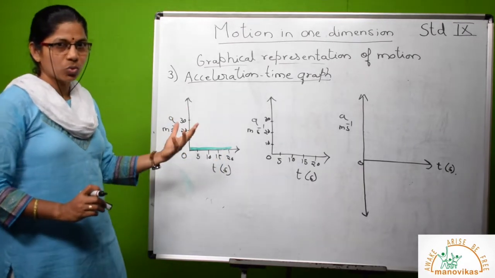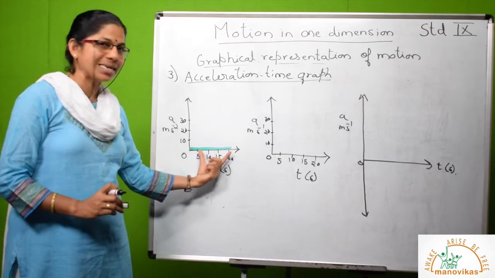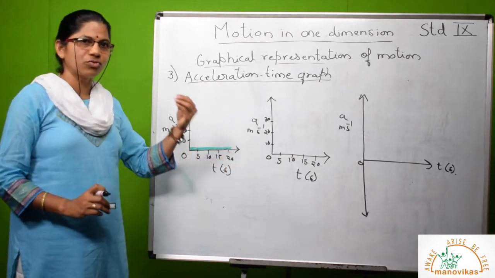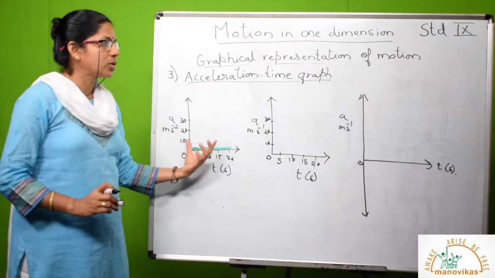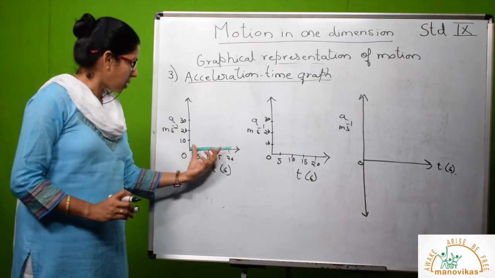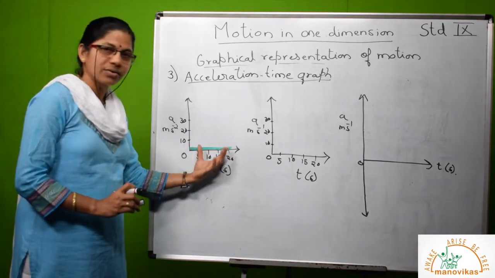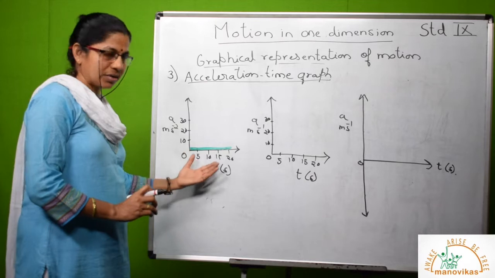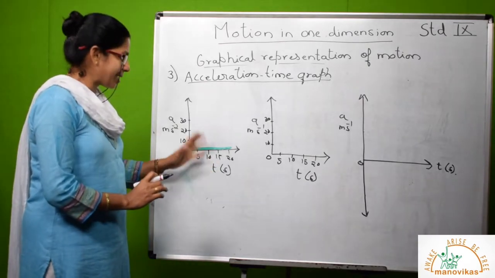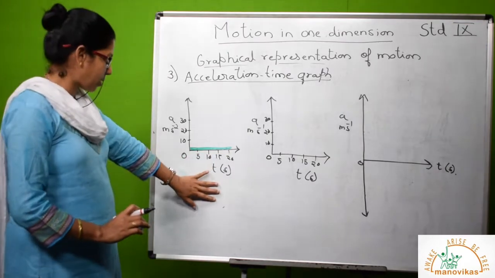So there are two things possible when you have a line like this. Either the object is stationary, so there is no acceleration, or it could so happen that the object is moving with a certain velocity, which is a constant velocity. So in this case, there are two cases possible.